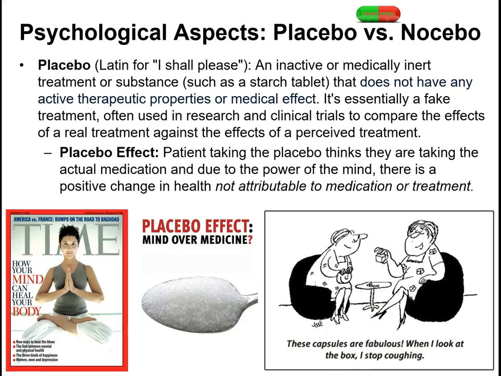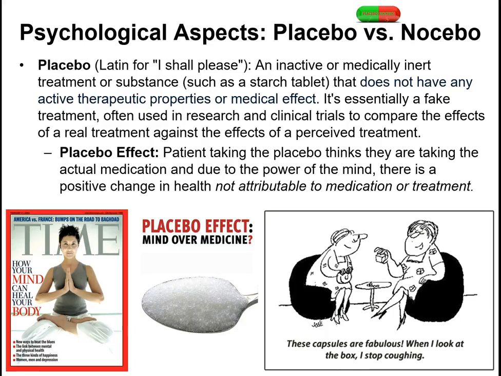The placebo effect is when a patient taking the placebo thinks they are taking the actual medicine, and because of the power of our mind, there is a positive change in their health because they think they are taking the actual medication. So, again, these blind and double-blind studies remove that placebo effect because then patients don't know if they are getting the placebo or the actual medication that's being tested.